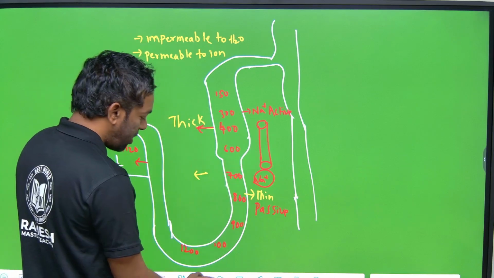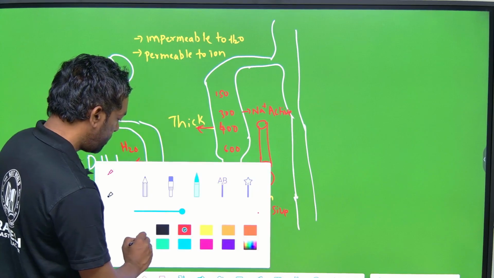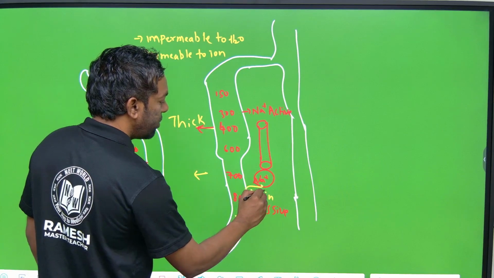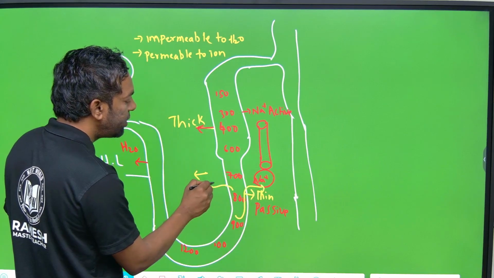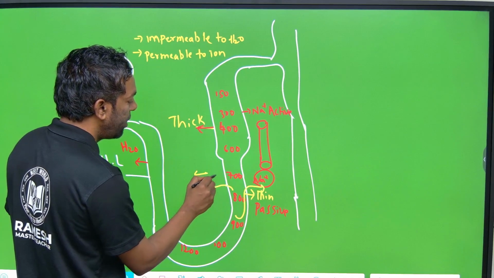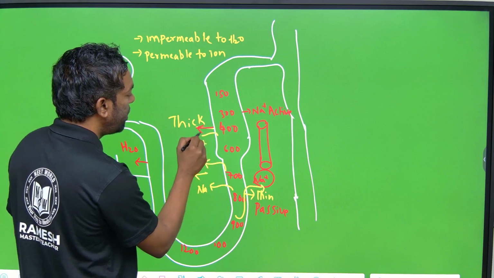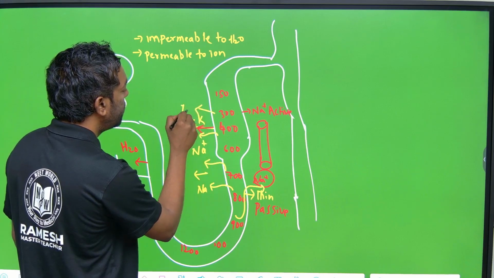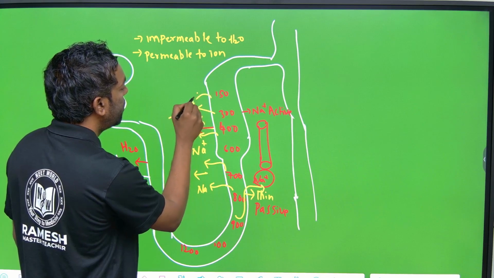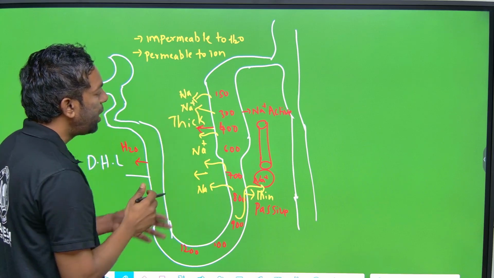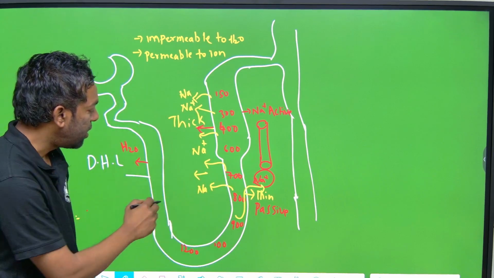If the ions go out, the concentration decreases. Na moves out.